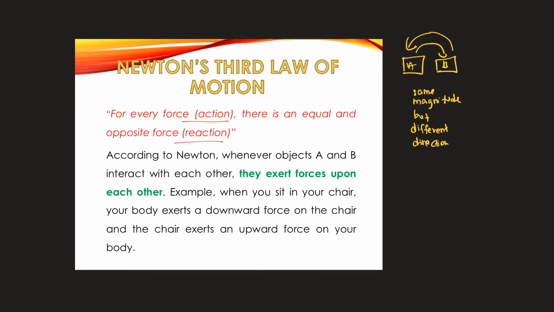That is the first rule of Newton's third law. For example, if you apply a force to the wall, the wall applies a force to you with the same magnitude, different direction.